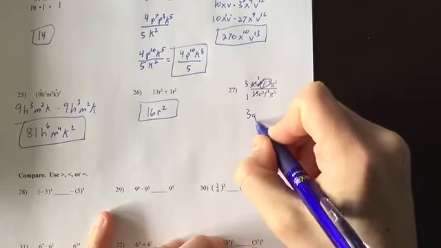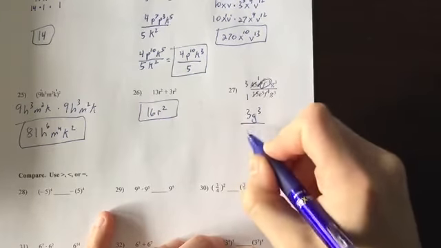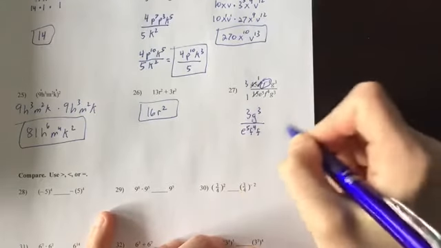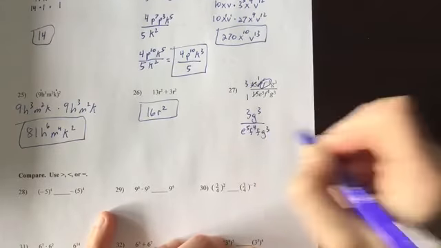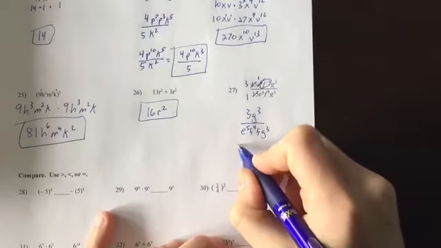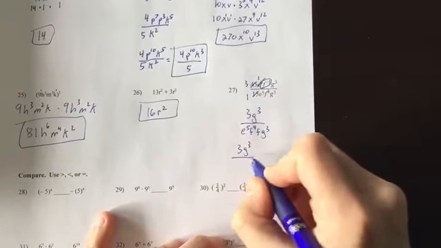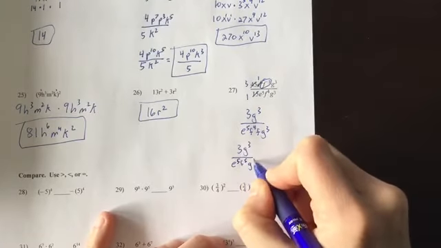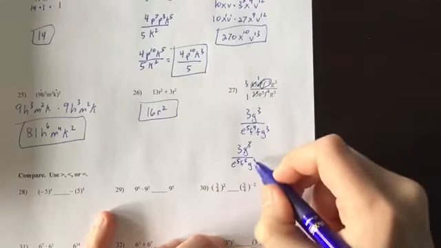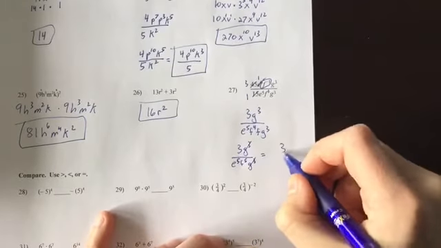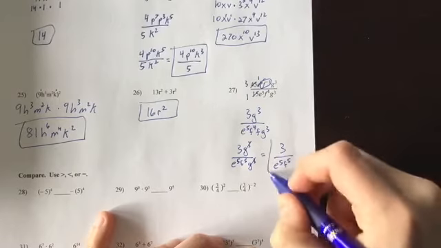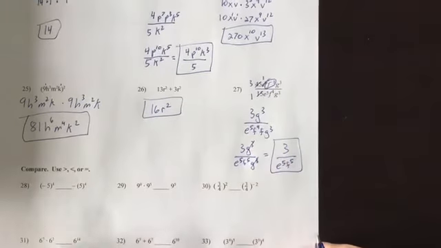So in the numerator, 3g to the 3rd over e to the 5th, f to the 4th, then we move that f down, g to the 3rd. Let me combine here. 3g to the 3rd over e to the 5th, f to the 5th, g to the 3rd. The g to the 3rd over g to the 3rd cancels out, and we're just left with 3 over e to the 5th, f to the 5th.